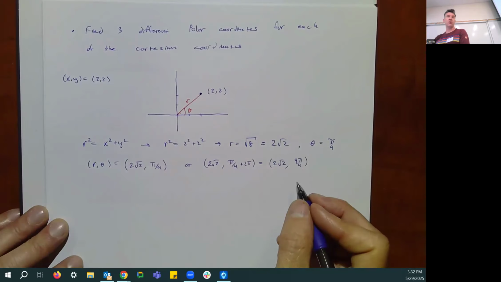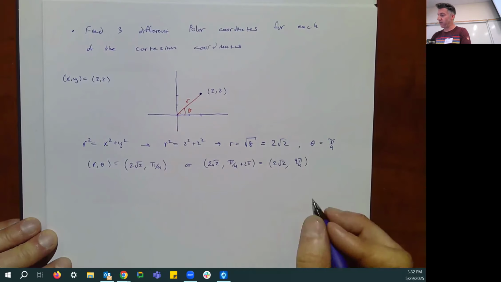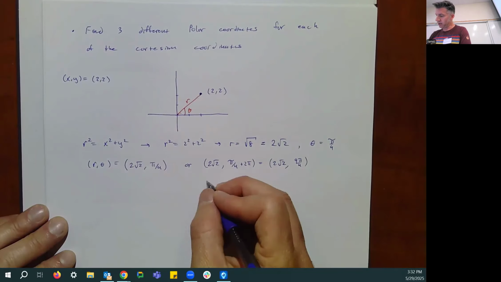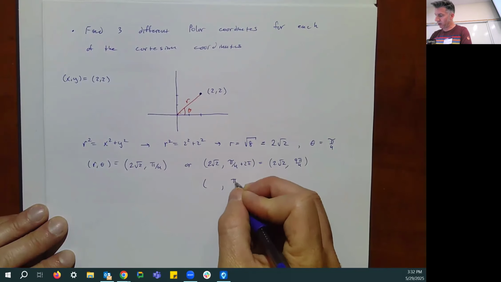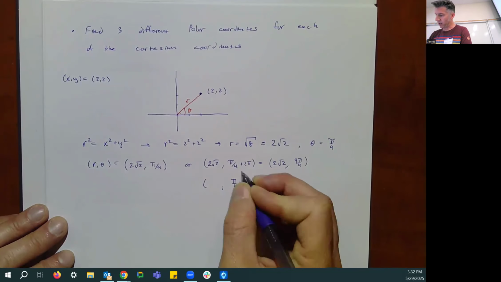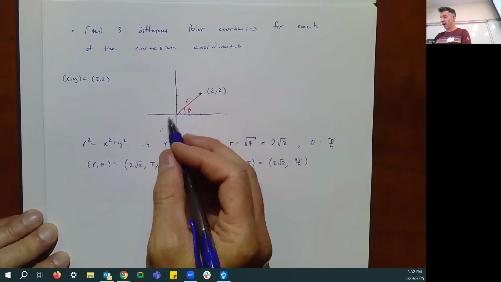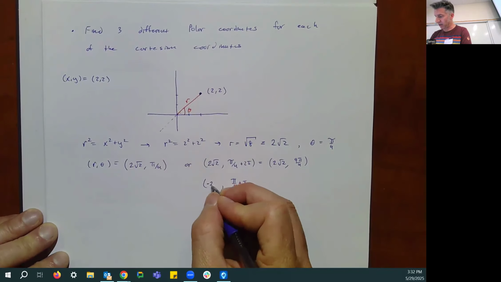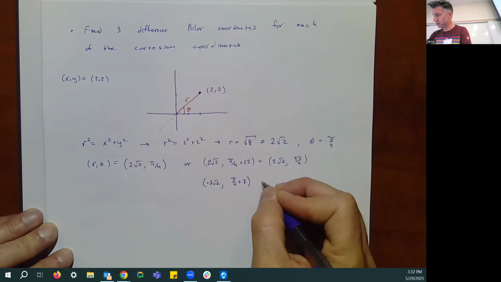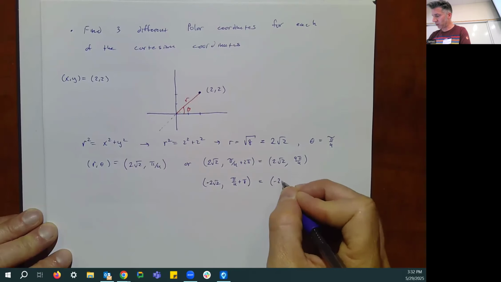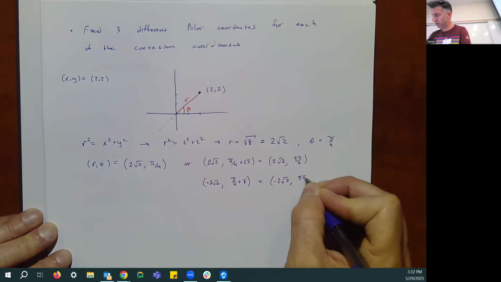And then we could also have gone halfway around and said my angle is pi over 4 plus pi, pointing in that direction. But then I'm going to make my r value negative 2 root 2. So that would be negative 2 root 2, comma 5 pi over 4.